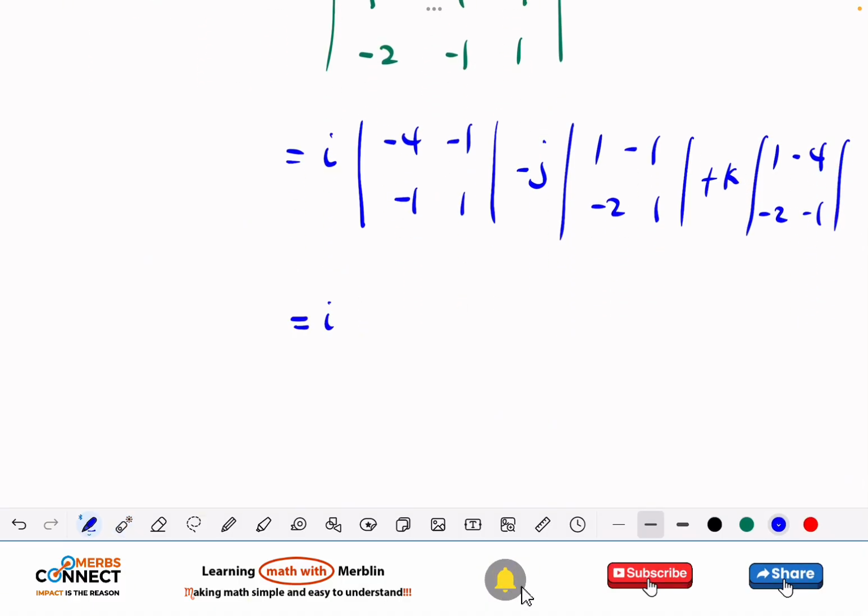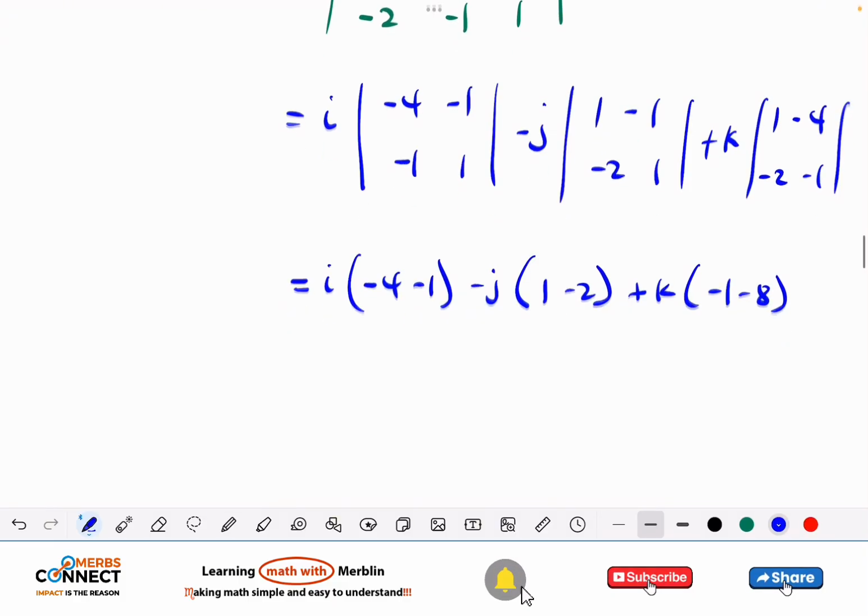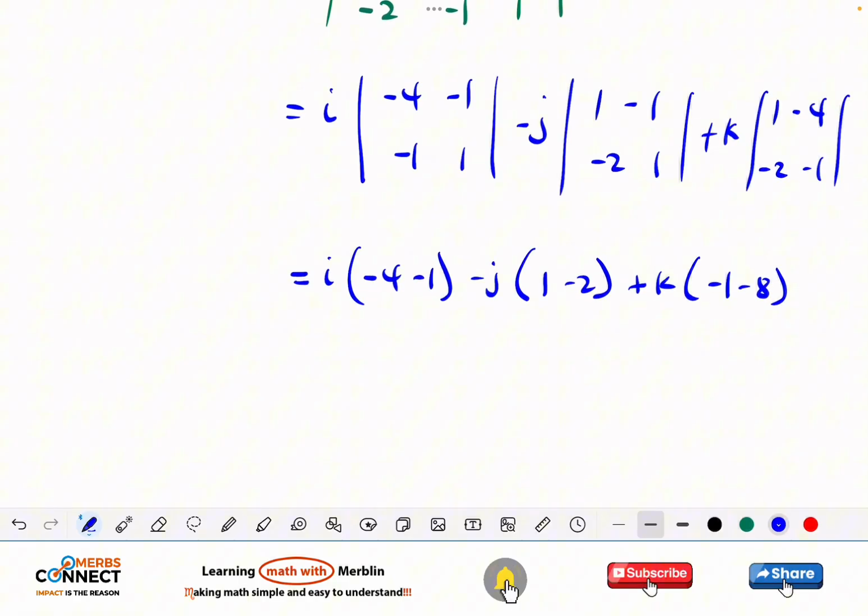Okay, so this is minus 4 minus 1, minus j times 1 minus 2, and then plus k times minus 1 minus 8. So this is what we are going to get from doing it.